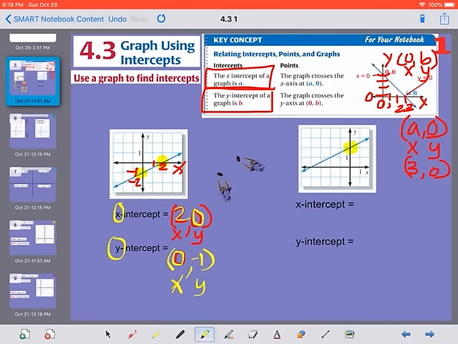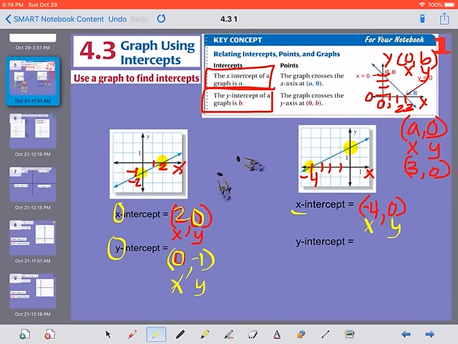We can see our graph crosses the y-axis here and the x-axis here. So our x-intercept, where it crosses the x-axis, here's our x-axis, we're at -1, -2, -3, -4. So we went -4 and then up or down 0. So x is -4 and y is 0.